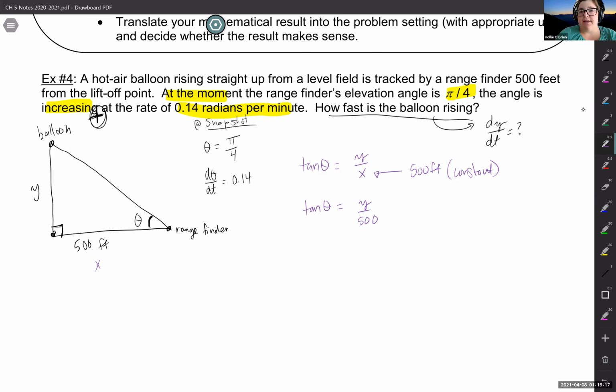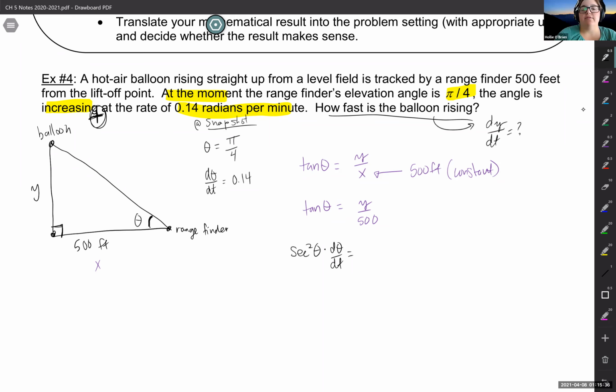Okay, so let's go ahead and take the derivative with respect to time on both sides. So we have secant squared theta times d theta dt. And then if I have y over 500, that's literally 1/500th times y.